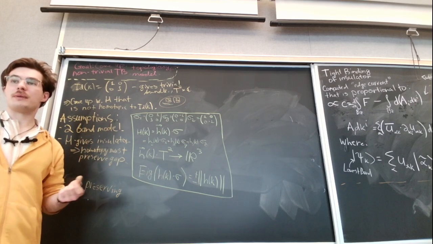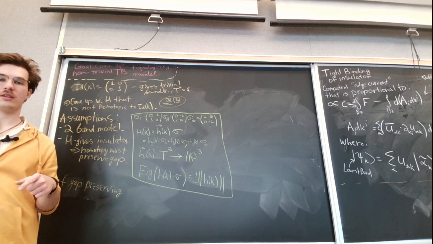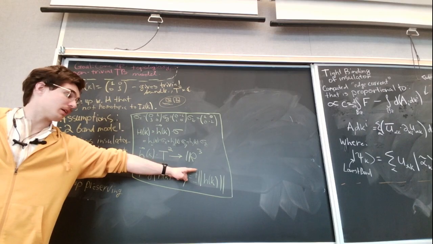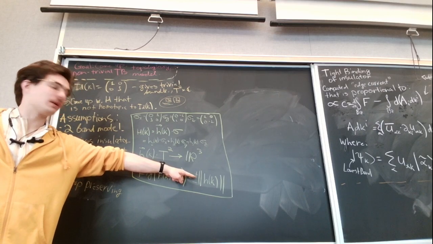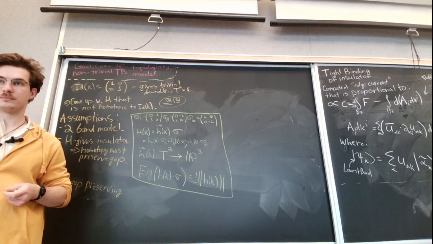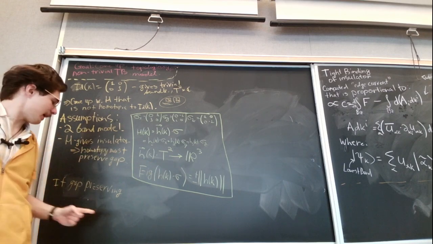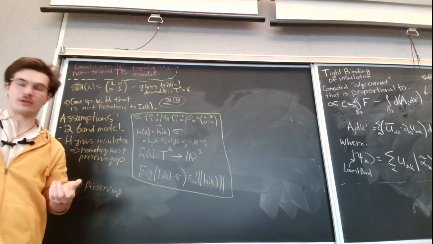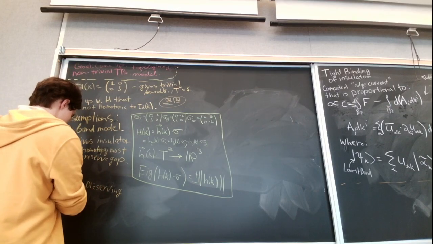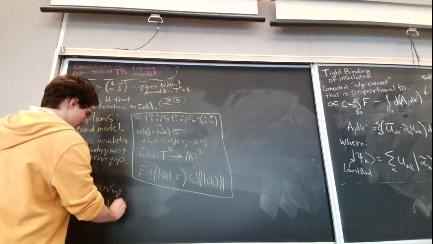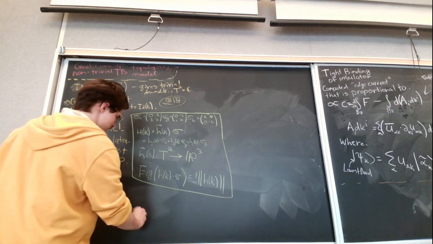So if my eigenvalues are never equal to each other, the only way they could be equal is when the norm of h of k is 0. So this means that if I have a gap, h of k is never 0, it is not 0 for all k.